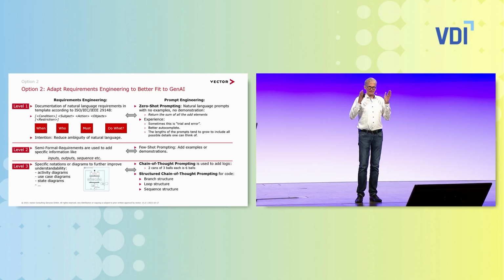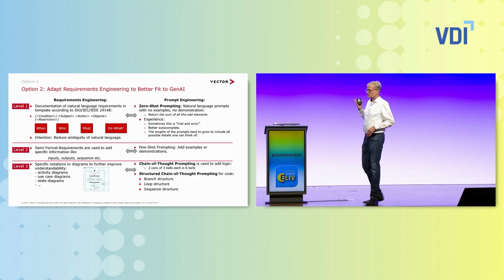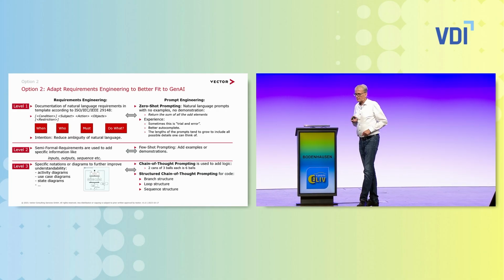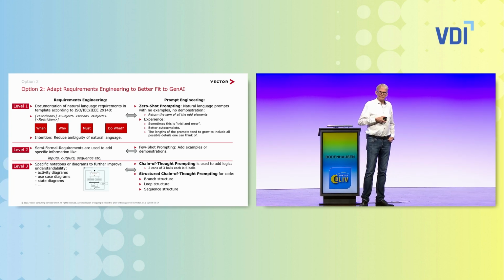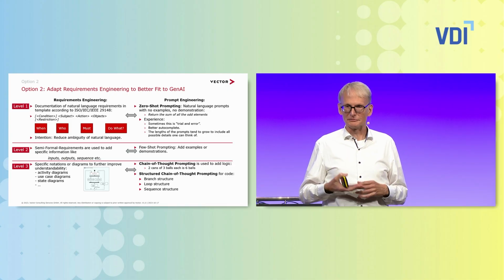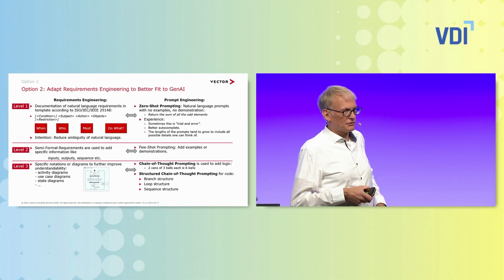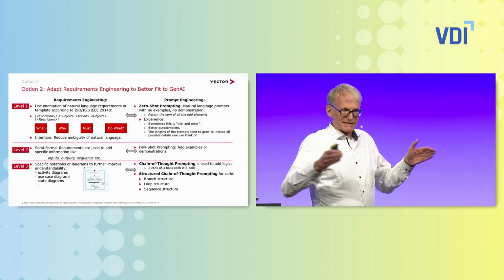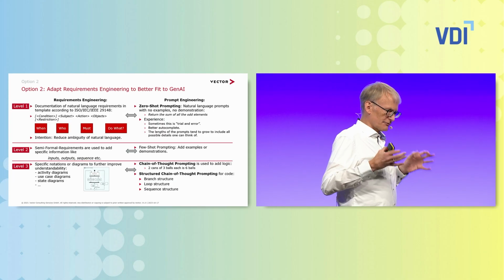You have a natural language statement, and the large language model, GenAI, is able to understand that. However, we figure out there's a lot to be improved. You don't know what you really get. Sometimes you're just trying around, and usually prompts get longer and longer. You put more details in and hope that the result gets better.